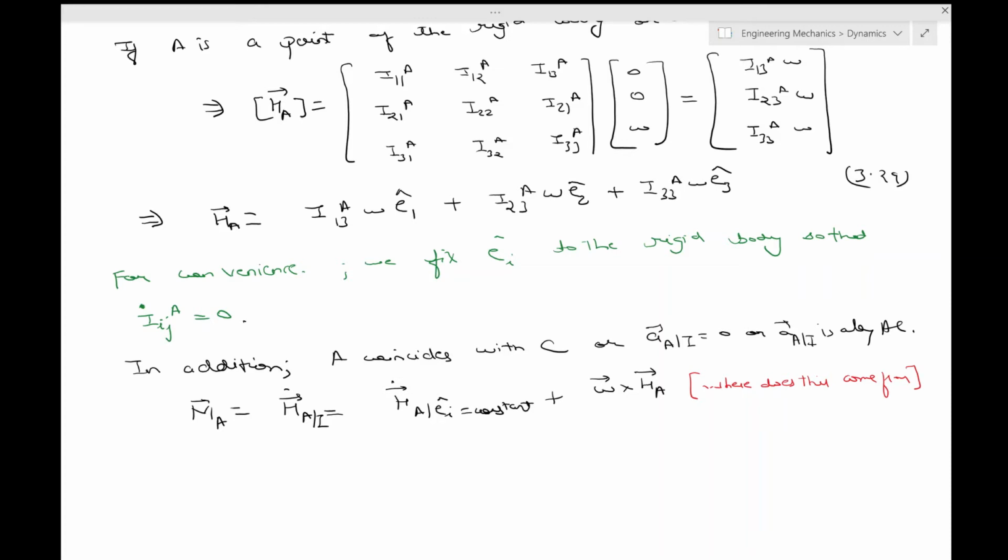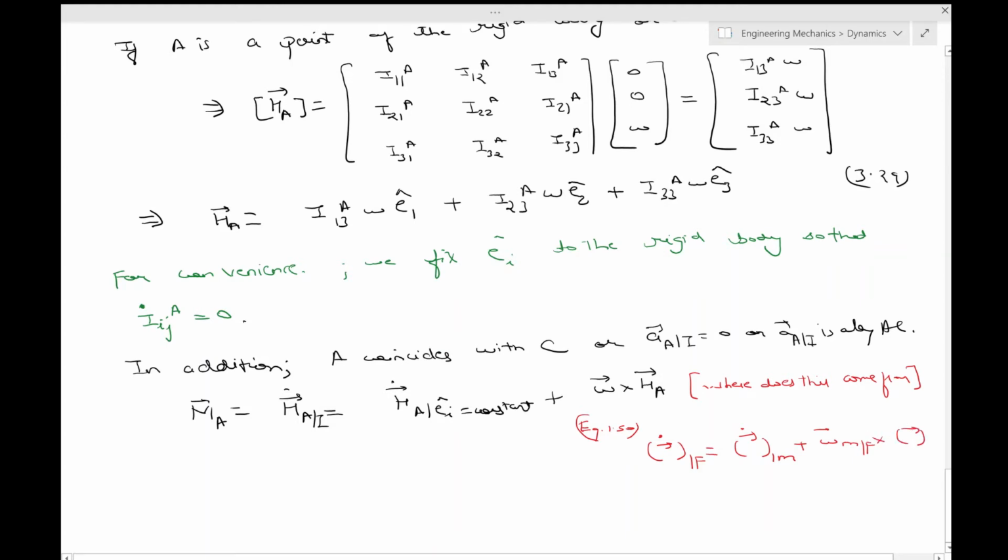Yes, so we had this equation 1.50. It was about writing the time derivative of any vector in the F frame in terms of the vector in the M frame with respect to omega of M with respect to F frame cross the vector itself.